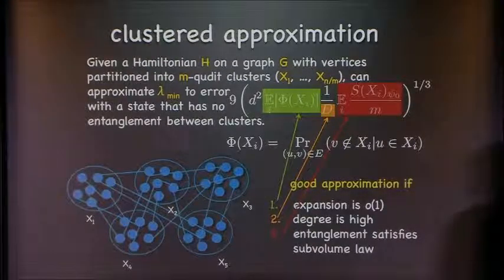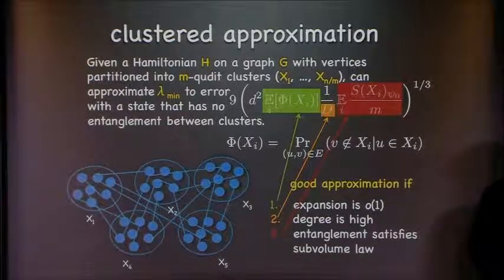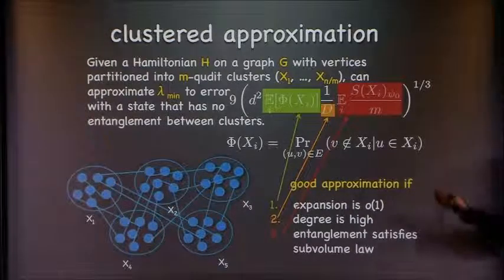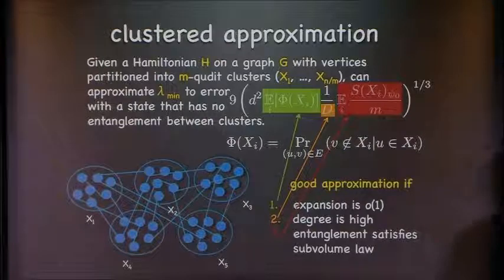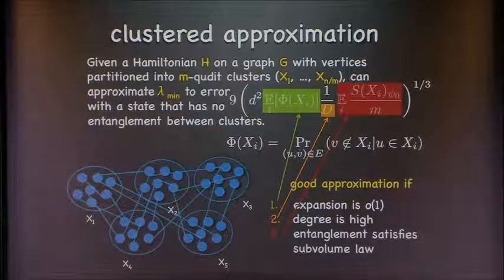And if it's much less than 1, then we have a good approximation, even if all the other terms are as bad as possible. This being much less than 1 is called having a sub-volume law. You have a volume law if the entropy of a region is basically equal to the size of that region, and you have a sub-volume law if the entropy is much less than that.